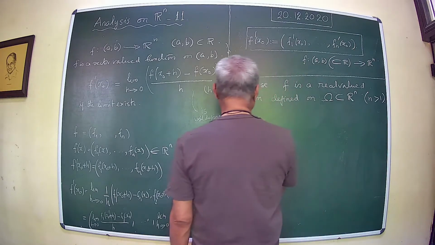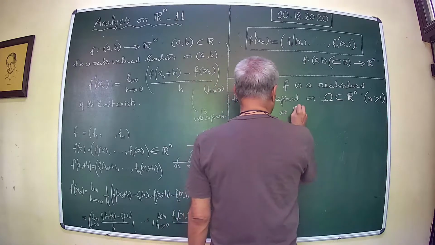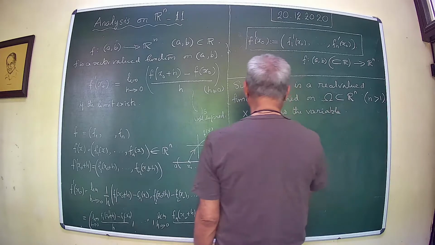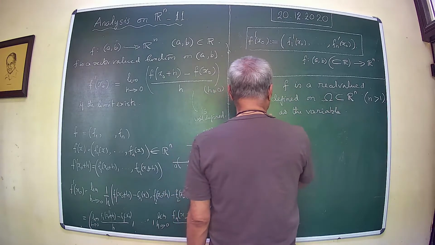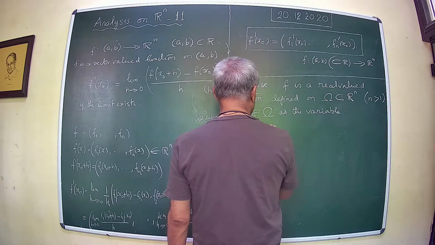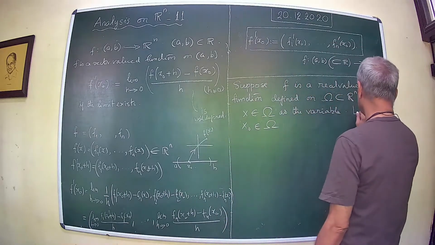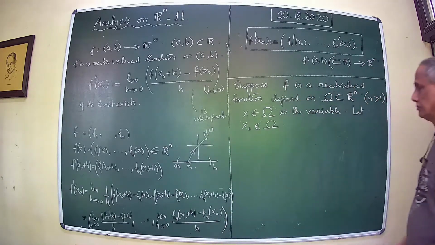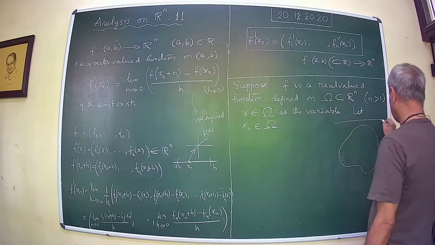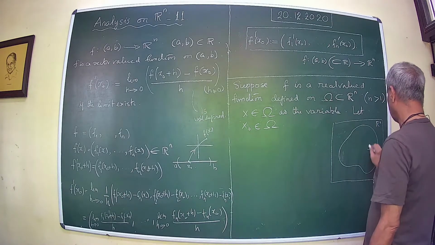So I take x as the variable, defined on omega, and let x naught belong to this omega.